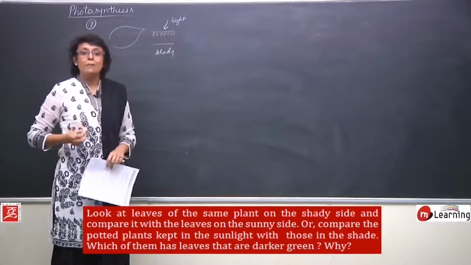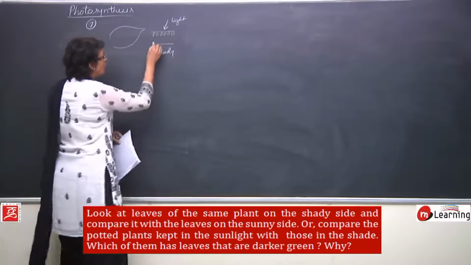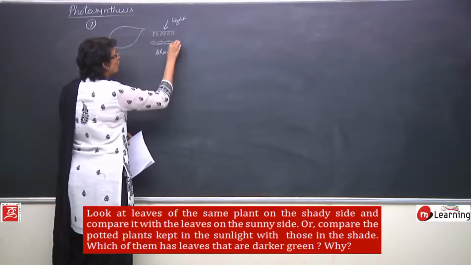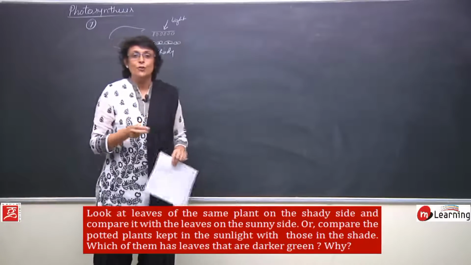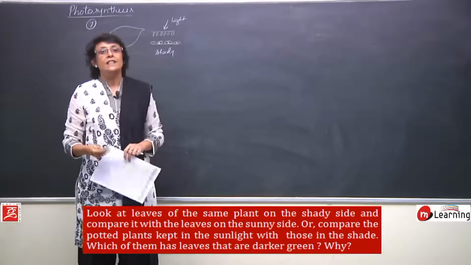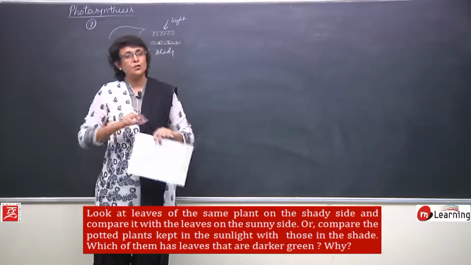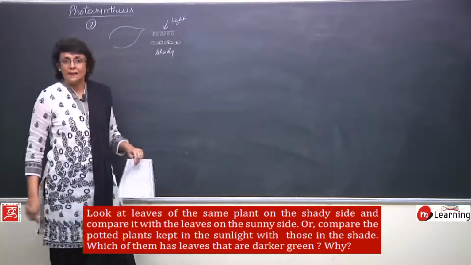So they want to capture whatever light is available to them. In order to do that, they would have more chlorophyll because light is less. If they have to utilize whatever minimum is available, they must have more and more chlorophyll pigment, so that whatever light intensity is available, they are able to absorb everything.